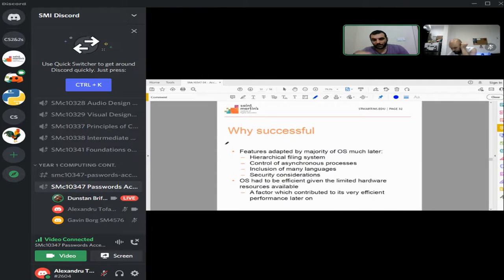Now, when they were developing Unix, there were very limited resources, even considering the time it was being created in the 1960s. Things were very, very limited.